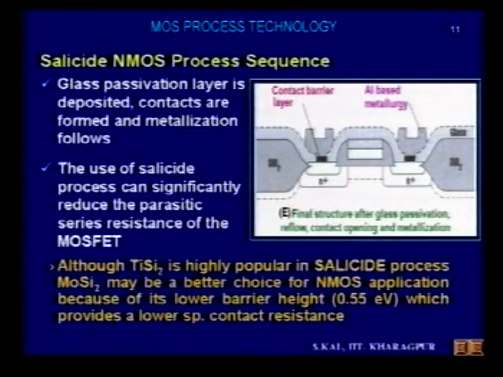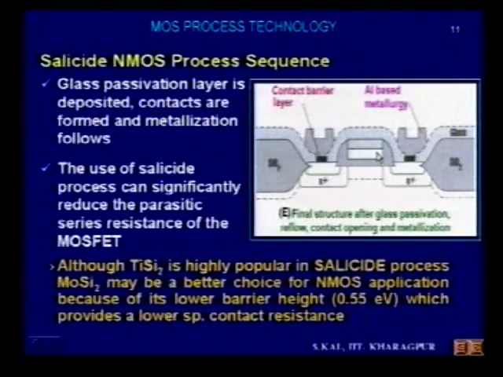Specific contact resistance of molybdenum silicide is low compared to titanium silicide. But the problem is molybdenum silicide formation temperature is higher than titanium silicide. Okay, so because of the lower formation temperature, nowadays people are also using cobalt silicide. That is also another attractive choice for silicide contact formation in source and drain junction.